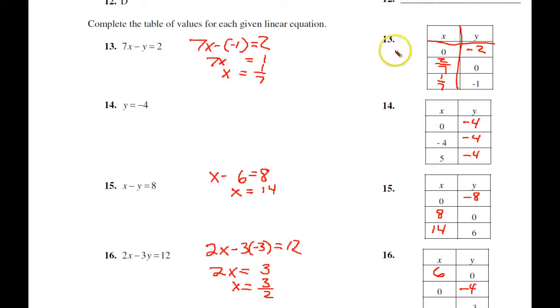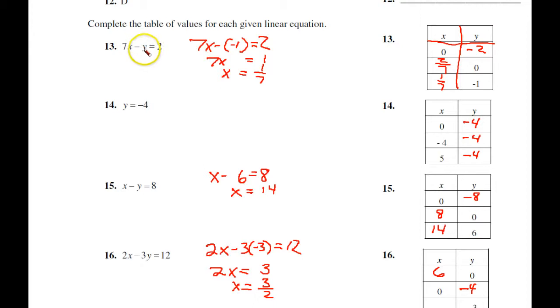So in filling in the chart, where it says X is 0, so we imagine this is a 7 times 0 is 0. So we have a negative 2 equals 2. So we just reverse the signs. Y equals a negative 2, which is what we have there.